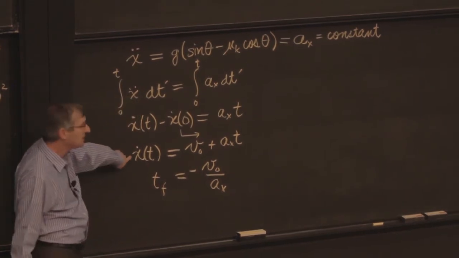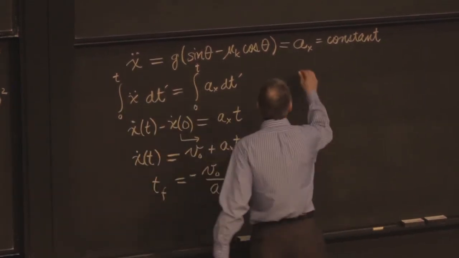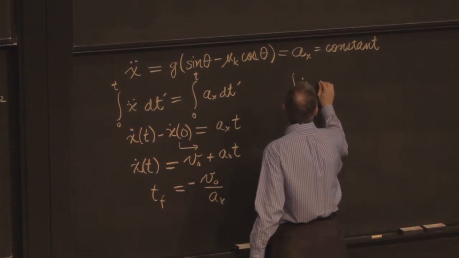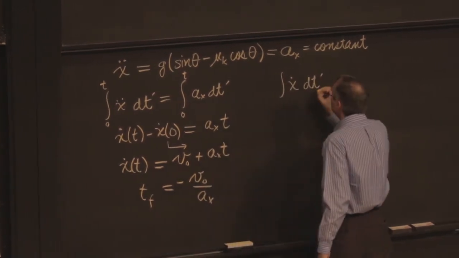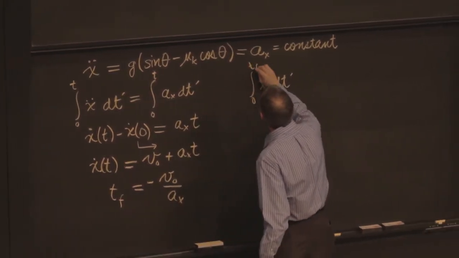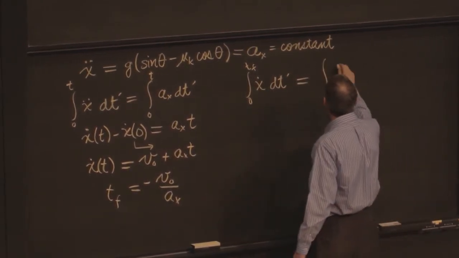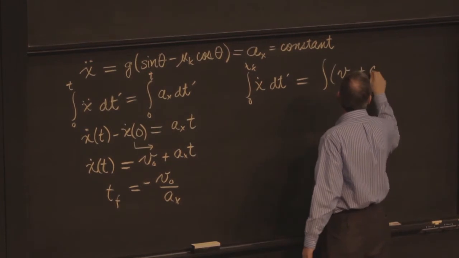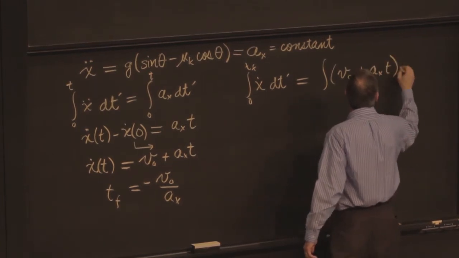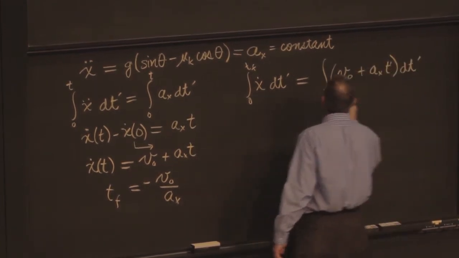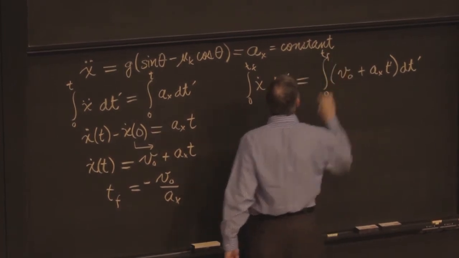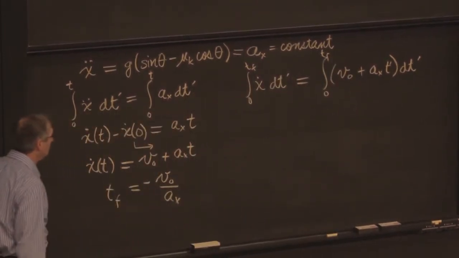So now, having got this equation, I can integrate once more. The integral of x dot dt from 0 to t final is equal to the integral of v naught plus a sub x t prime dt prime from 0 to t final.